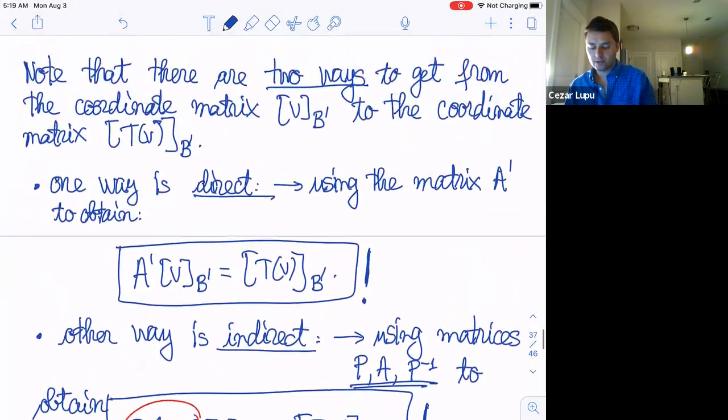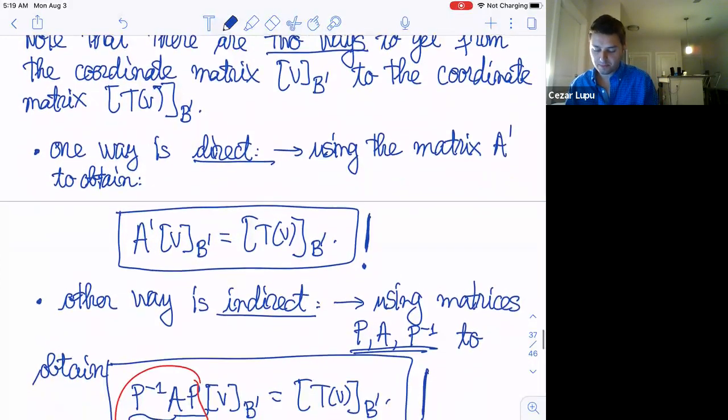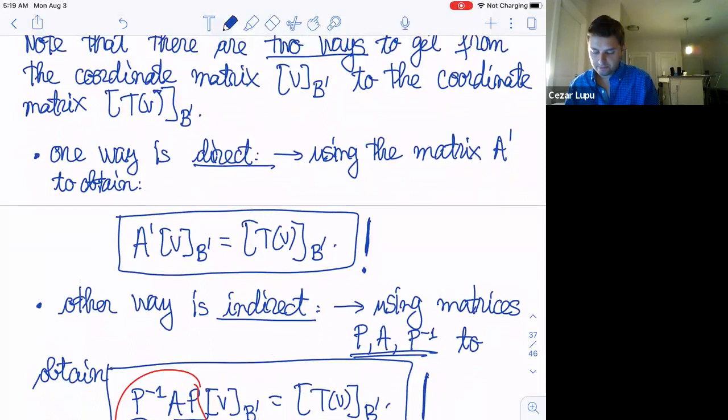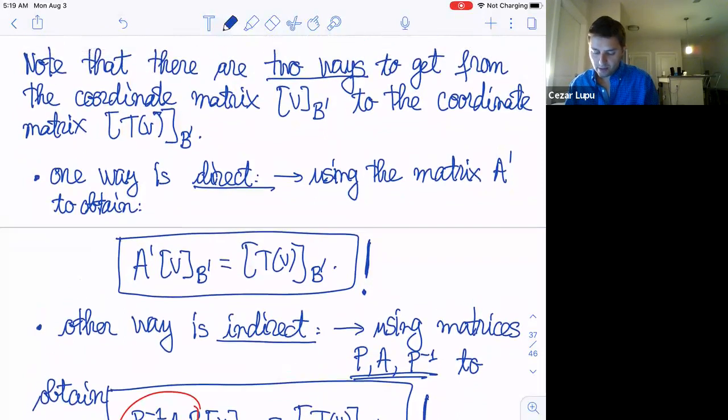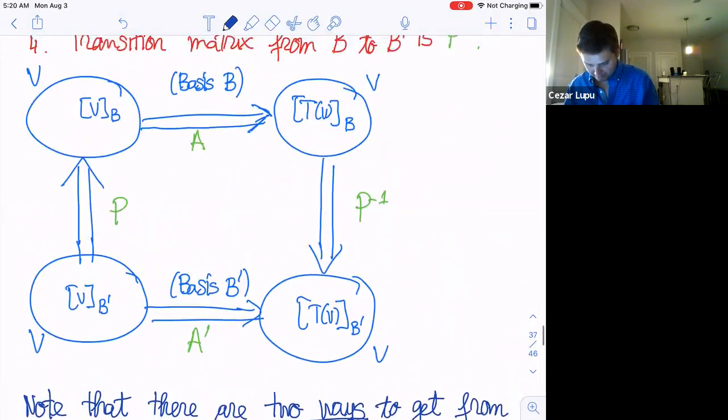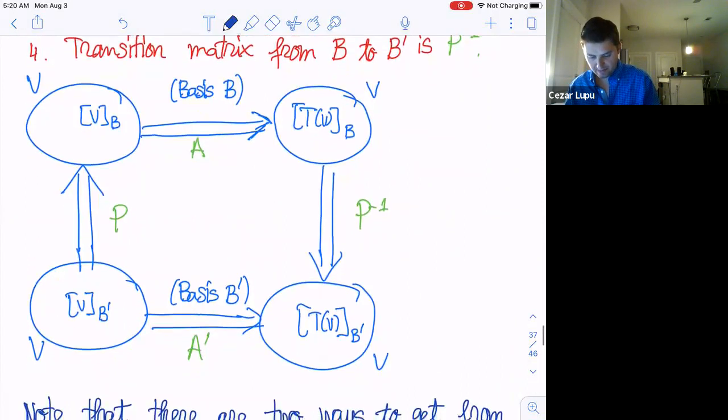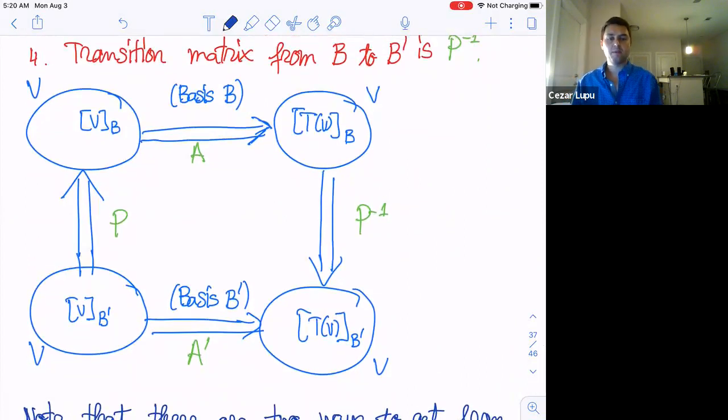There are two ways of obtaining, to get from the coordinate matrix of V relative to B prime to the coordinate matrix of T of V relative to B prime. And again, this comes down to this picture. So the only thing you need to know is this picture. You have to keep it in mind. And of course, how to obtain the transition matrix from one basis to another, which we have already covered previously. That's it.